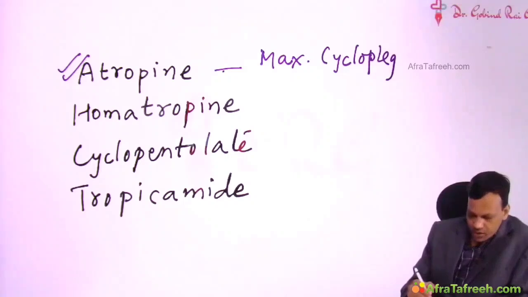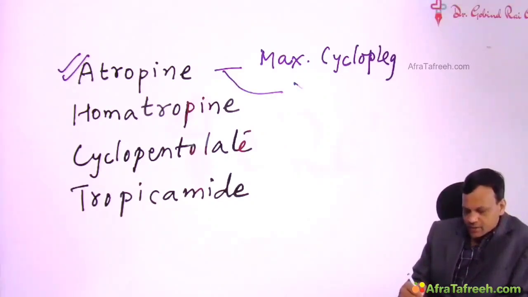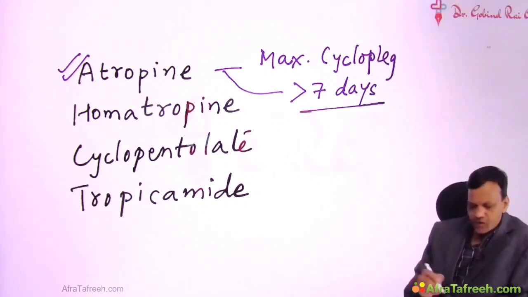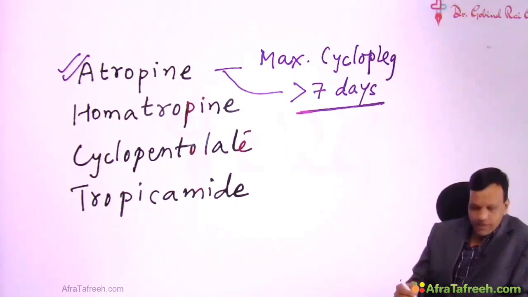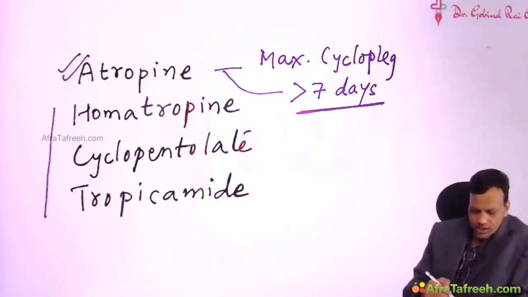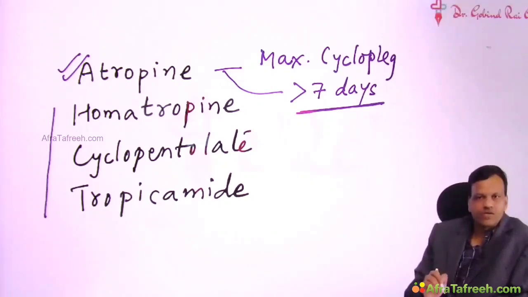But the problem with atropine is it is very long acting. Sometimes the action remains for more than 7 days. So if we use atropine in adults, it will cause blurring of vision for more than 7 days. We do not prefer atropine in adults because all other drugs are also effective. Whereas in children, the only effective drug is atropine, so we have to use it.